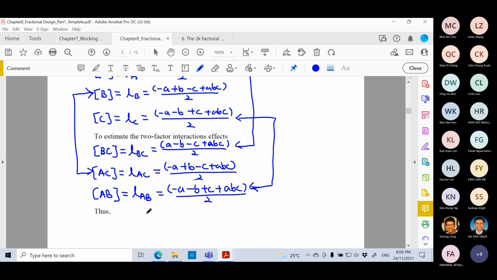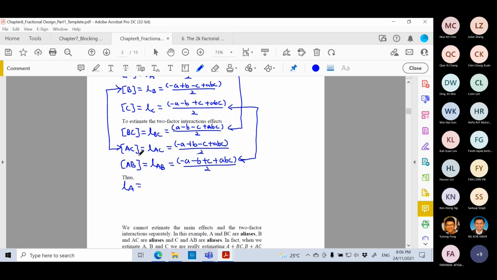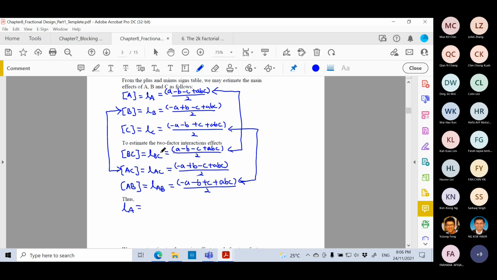Okay, what we have for the A is that the L for A will be equal to L for the BC. Actually, the calculation of these two is the same. Sometimes they will put it as L for the A. It's actually the effect of the A actually consists of the A and the BC.